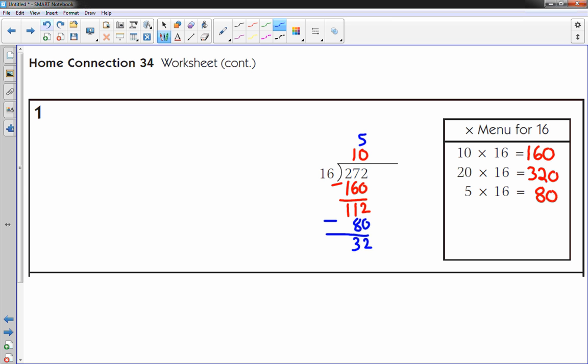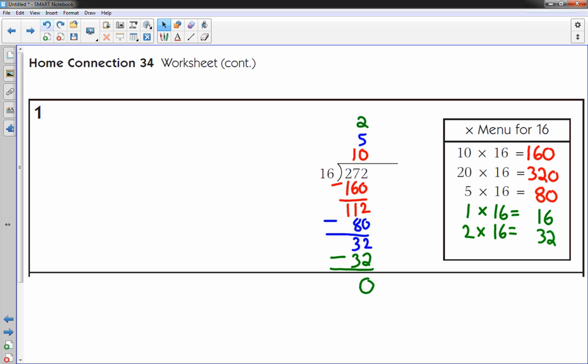32. Now I just have to think of how many 16s go into 32. 1 times 16 is 16. 2 times 16 would just be doubled, right? That's 32. Well, that's exactly what I need. So I'm going to use 2 times 16. I'm going to write the 2 up here. 2 times 16 is 32, so I'm going to have no remainder.